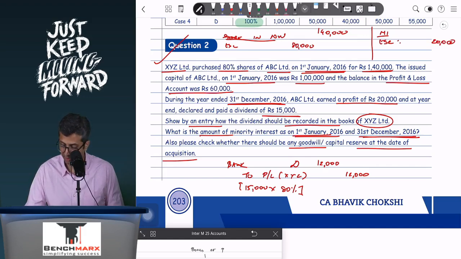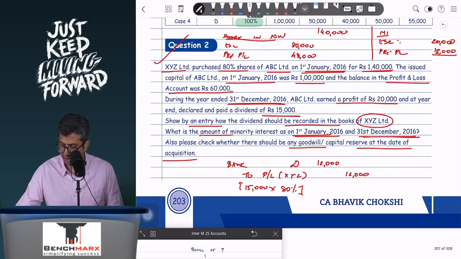Then you will have reserves, profit and loss, 60,000. So this is pre-acquisition P&L. Remember, no dividend is distributed out of this. So 60,000, if I take 80%, this comes to 48,000. And pre-acquisition P&L of 12,000 will come over here. So this will give you the minorities as on the acquisition date, I think 32,000.